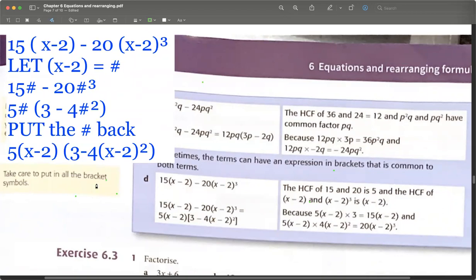Then you can get the same thing, whichever is easier for you. Last time I used to change it to a star, or a triangle, then it's easier for me. A is quite easy as well. If you understand that, then you can use this method here. Same thing, different method of doing.